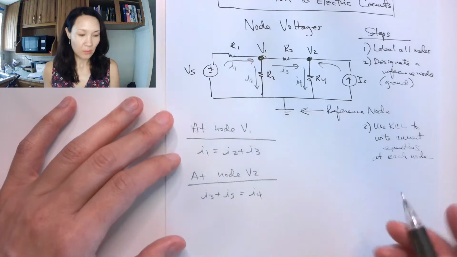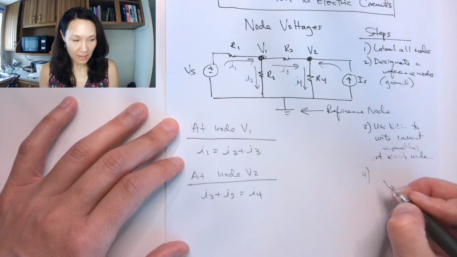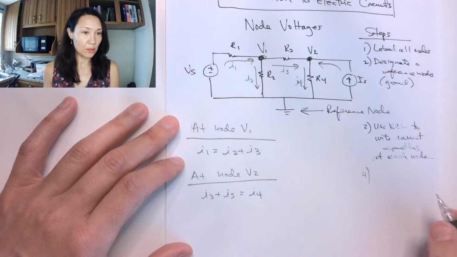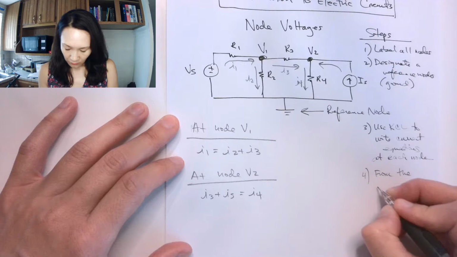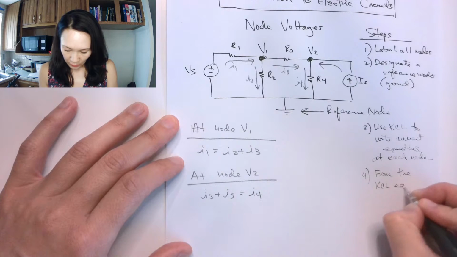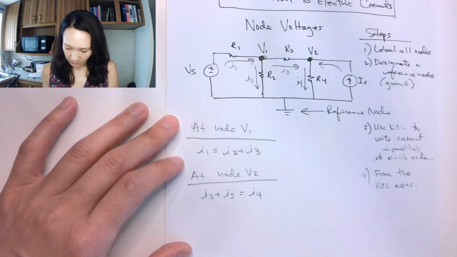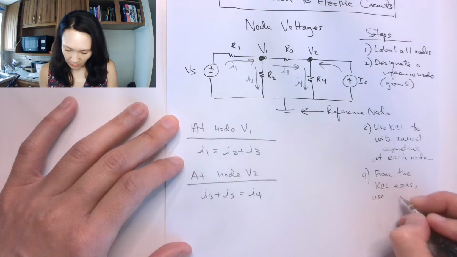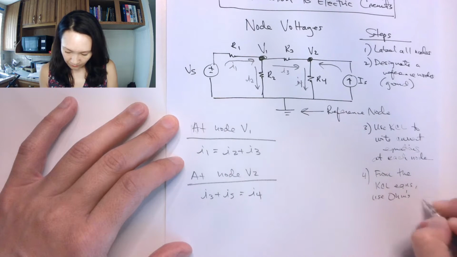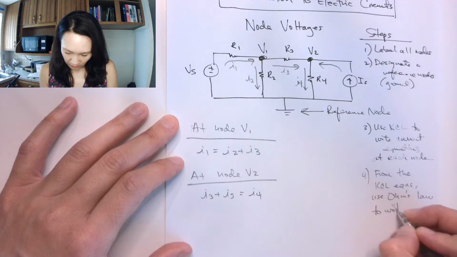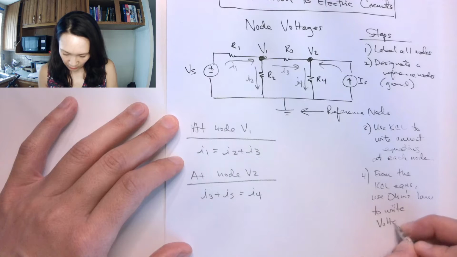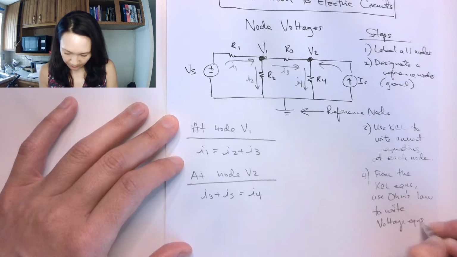Okay, so that was my third step, to use KCL at each of these nodes to write the currents coming in and out. Then after I've done that, the fourth step is from these KCL equations, I'm going to use Ohm's law to write voltage equations.